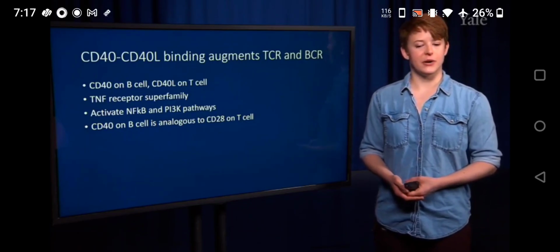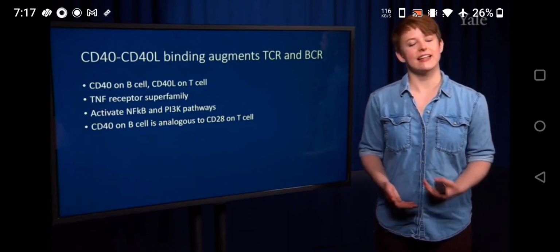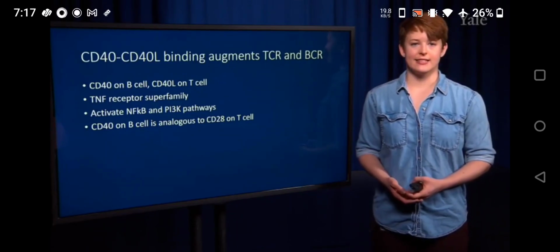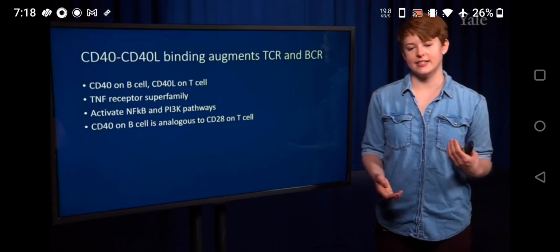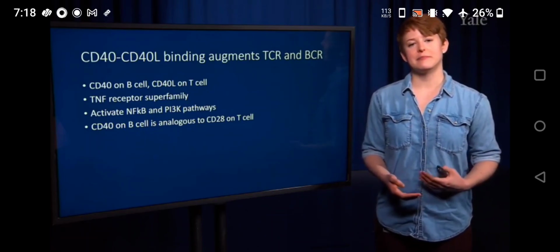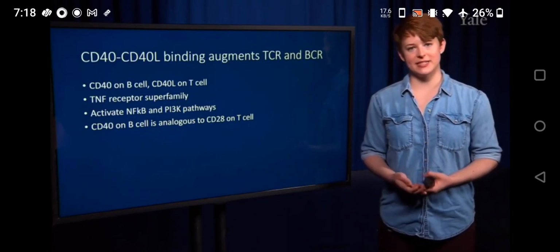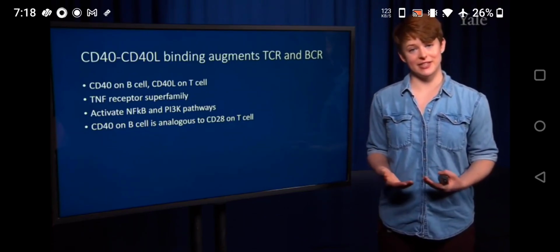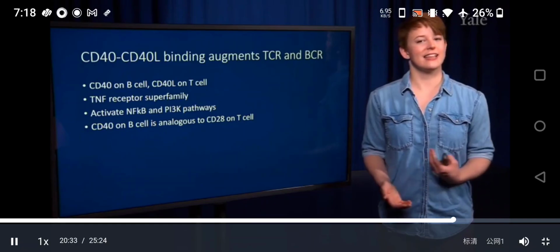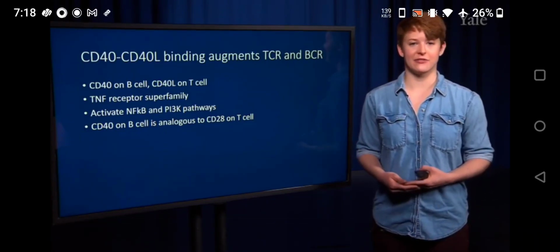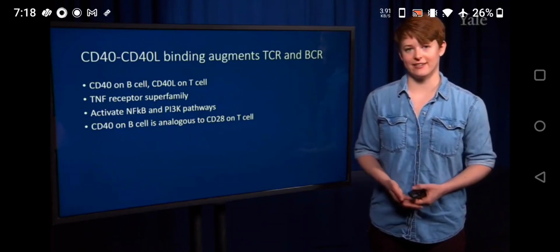So CD40 on the B cell is analogous to CD28 on a T cell. But in this case, the co-receptor is activated from T cell help. So the T cell comes, interacts with the B cell, like you guys talked about in previous lectures, and this allows binding of CD40 to CD40 ligand, and therefore enhances the downstream signaling.